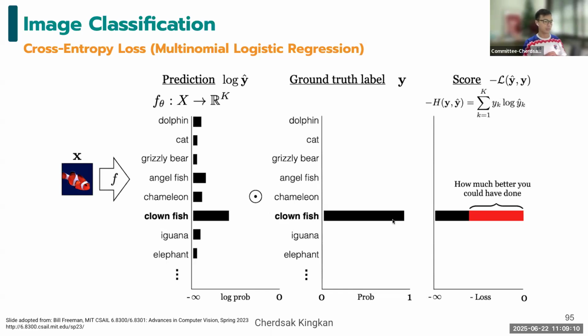That's where you ask the model how much better it could have done. For example, this is the probability of 1, and this is, let's say, 70%. Our objective is to push the confidence of our model: if we pass this image, it has to give a confidence as close as possible to 100%.